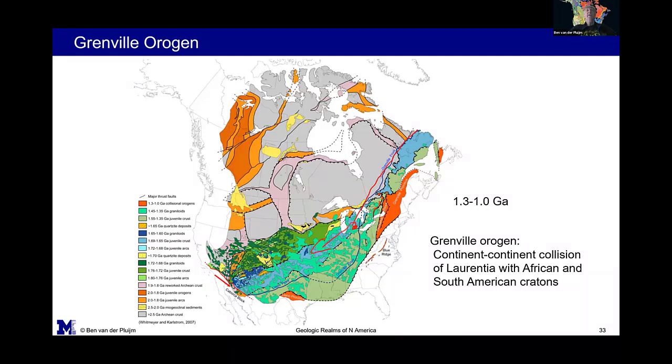That is actually the front of that old orogenic system, the Grenville orogenic system, marking the collisional boundary between the Amazonian block on this side and the Laurentian block on that side, and made a mountain belt.